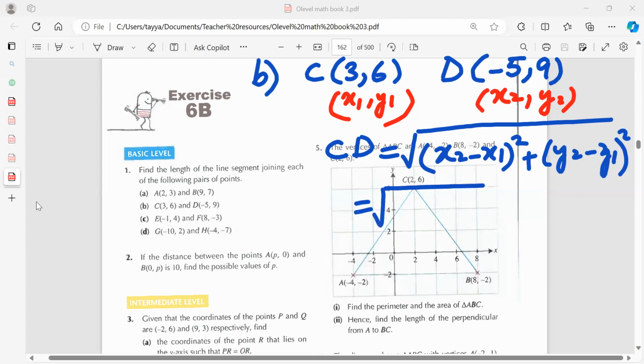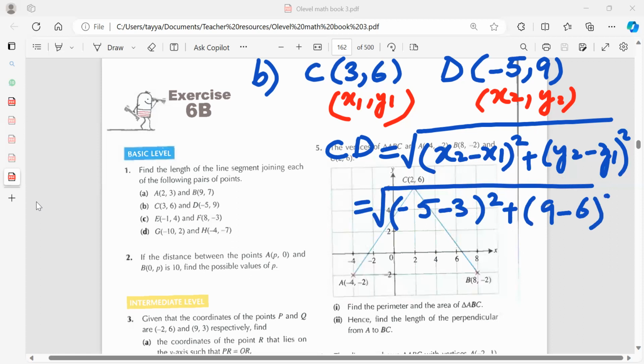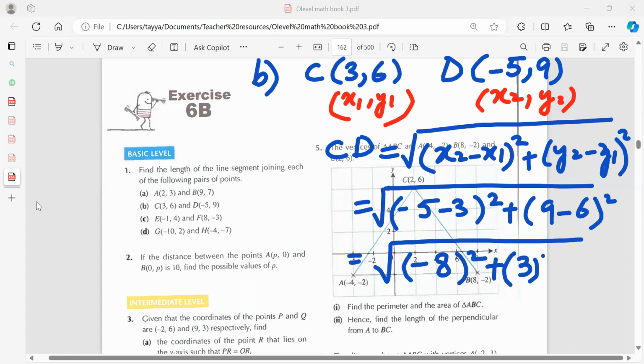What is x2? x2 is minus 5 minus x1, which is 3, so it will be minus 8. Then y2 is 9 minus 6, which is 3. So minus 8 square is 64, and 3 square is 9.